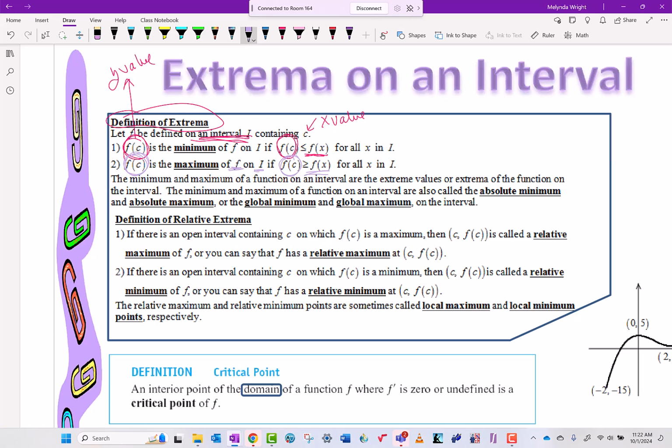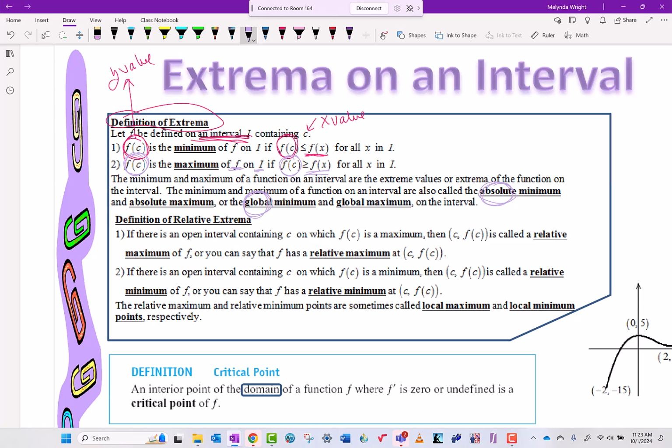There are also some vocab words. Absolute means the very biggest, right? That's talking about extrema. There's an absolute minimum, absolute maximum, or you could use the word global. Global and absolute are interchangeable. You can use either one as a vocab word, and it would be clear what you meant.